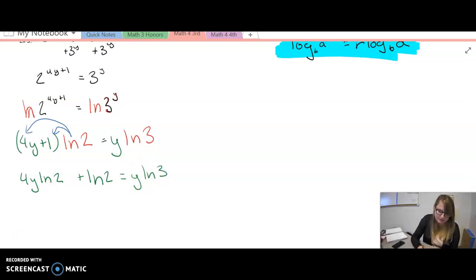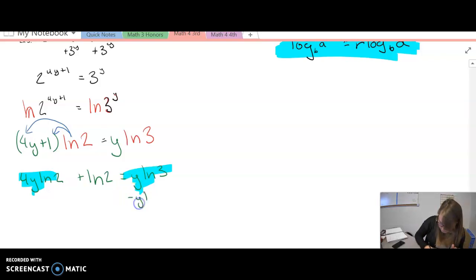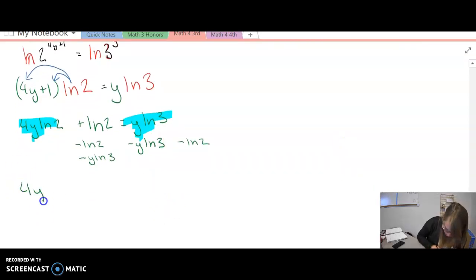And then I noticed that this term and this term can factor out a y. So I'm going to put those two on one side and then natural log of 2 on the other. So what I'm going to do is subtract y natural log of 3, and I'm also going to subtract natural log of 2 from both sides. So now I'm left with 4y natural log of 2 minus y natural log of 3 equals negative natural log of 2.